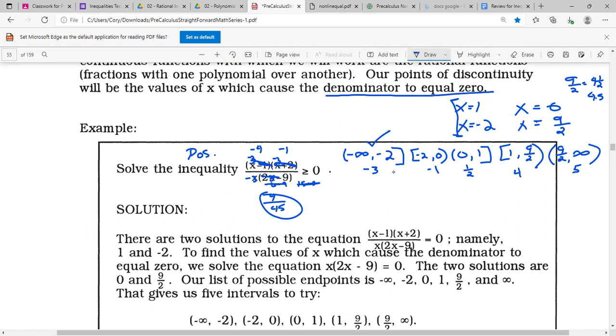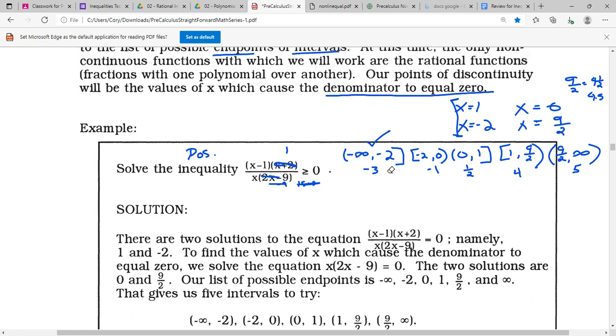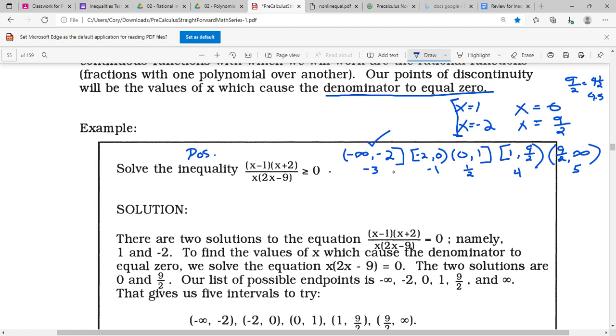Alright. Let's try the next one. Okay, -1. So if I said -1 minus 1, I'm going to have -2. Oopsie. -1 minus 1 will be -2 right there. And then -1 plus 2 would be +1.